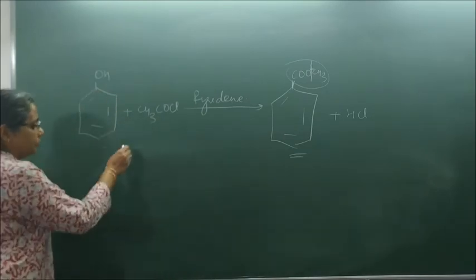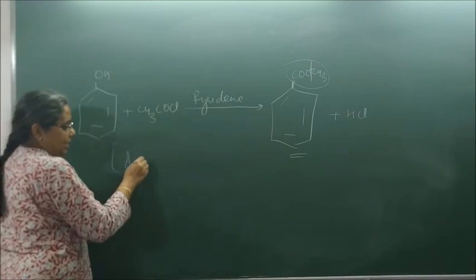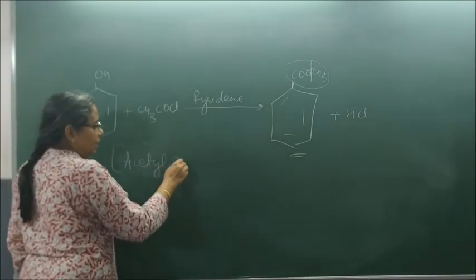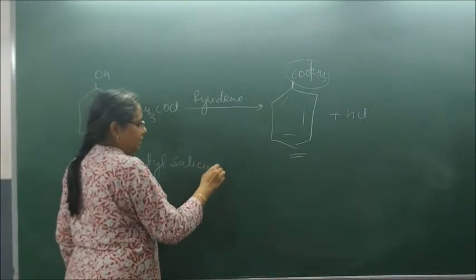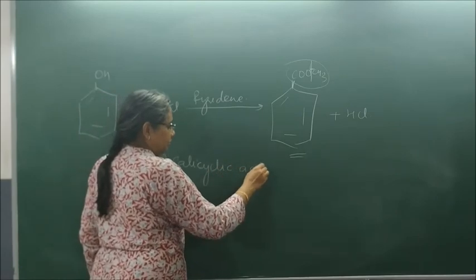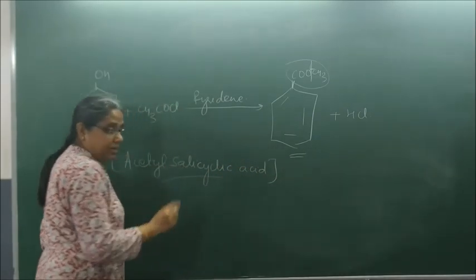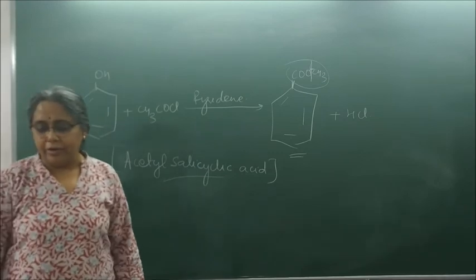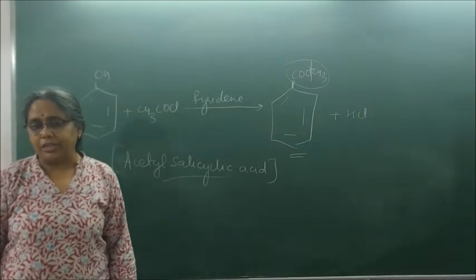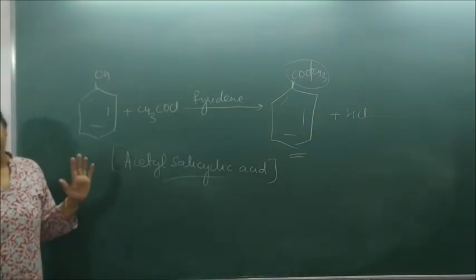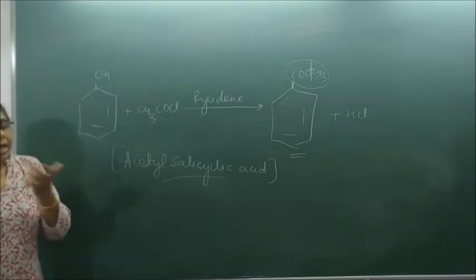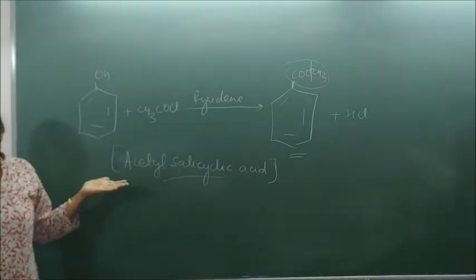So what is aspirin? Please write. Aspirin is acetyl salicylic acid. My salicylic spelling may be wrong, just check and write. Preparation of aspirin is a very important question for the CET. Aspirin is acetyl salicylic acid.